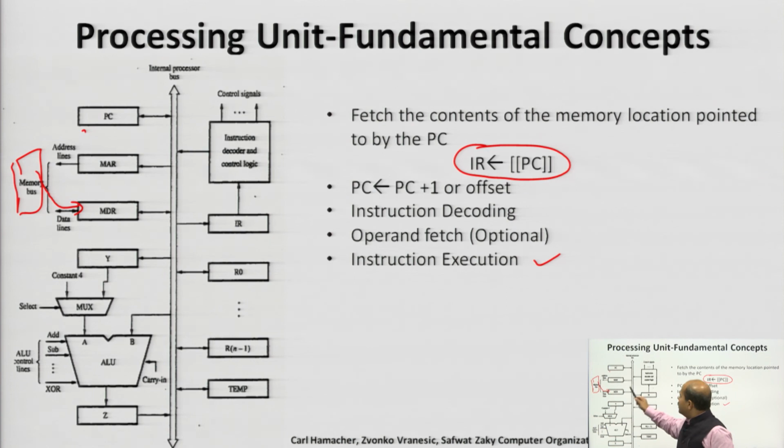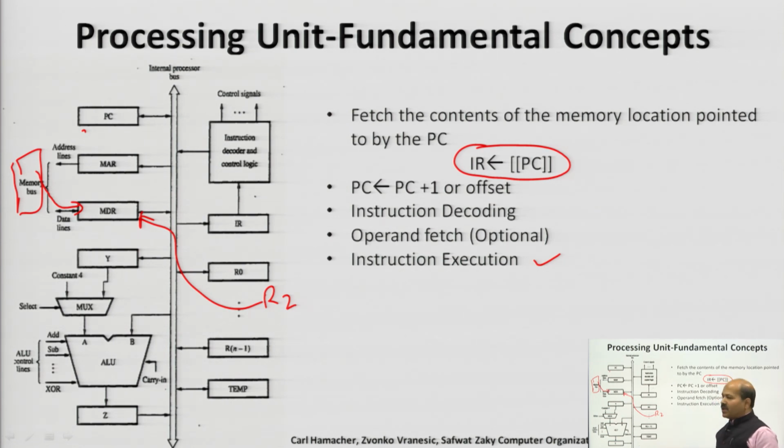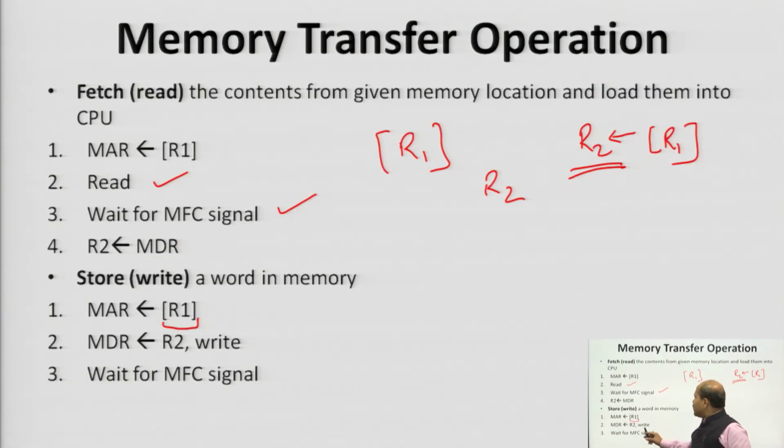So, as you can see, suppose there is an R2 register whose content we want to store in memory. So, this R2 to MDR path will be enabled or on. We have to provide a path from R2 to MDR, and through MDR this data will be transferred to the memory. So, what operation is this? This is a write operation. That is why the write signal will be issued.